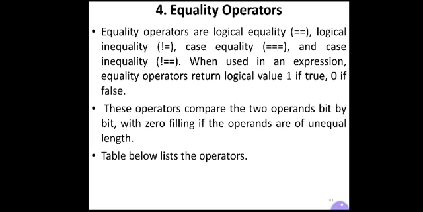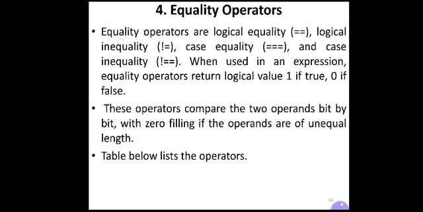You should be able to see the difference between these two types. When these equality operators are used in any expression, they return the result in the form of true or false. Logical value 1 represents the true value, and if the value is 0, the result is false.